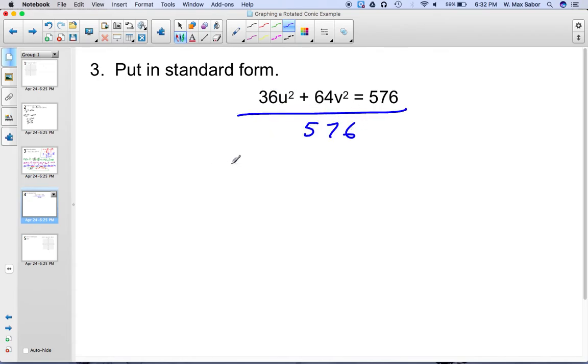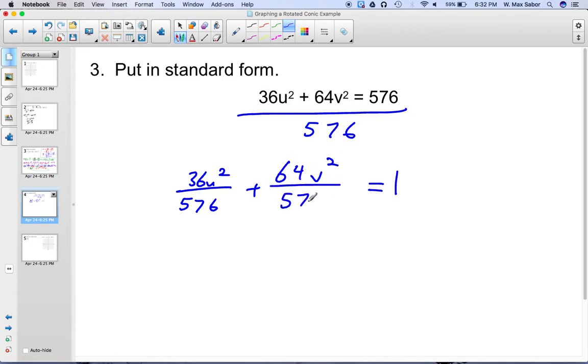When we divide this by 576, this is going to be 1. We have 36U squared over 576 plus 64V squared over 576. And we cancel what we can, and it actually turns out quite neatly that this is going to be U squared over 16, and this is V squared over 9.